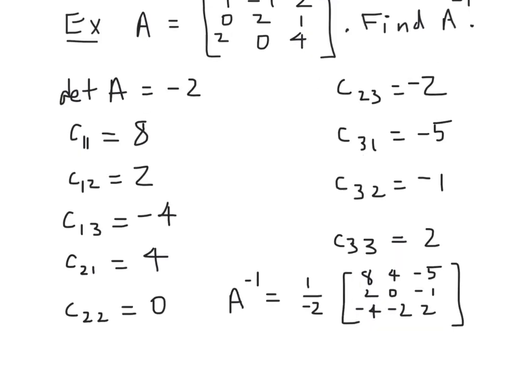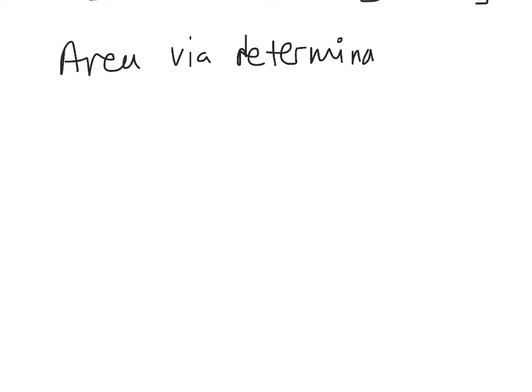So let's take a look here. Area via determinant. This is one of the most important pieces of the determinant, is understanding that it relates to area or volume. So we want to find the area of a certain parallelogram.